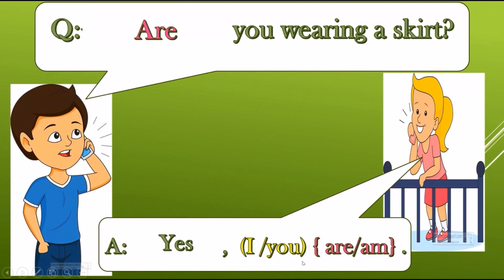Yes, what is the subject? Remember, the subject in the question is you. So, in the answer, it will be I. Okay, so you say, yes, I. What is the verb to be? Are or am? The answer is I always goes with am. Okay, so everybody read, are you wearing a skirt? Yes, I am. In the question, the subject is you. In the answer, the subject is I.